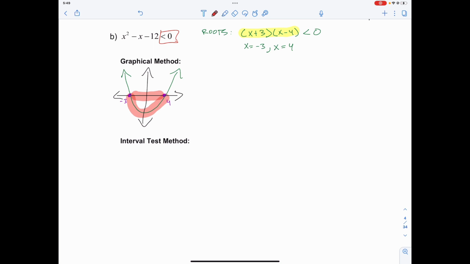So what are we going to say? We're going to say that x is an element of the open interval (-3, 4), or we're going to say that x, where -3 is less than x, which is less than 4, and x is an element of real numbers.